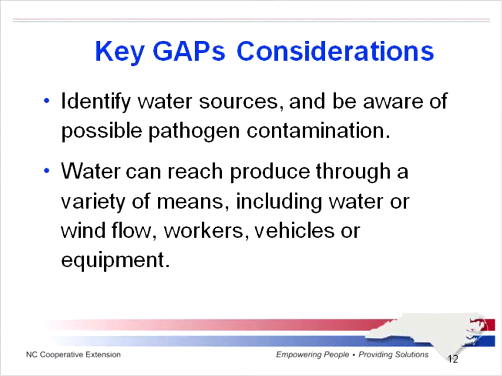When we're talking about water, the key overarching theme is to identify what potential sources of contamination exist for the water that you're using, and a recognition that water that reaches fresh produce in a variety of means on the farm can affect that water quality.